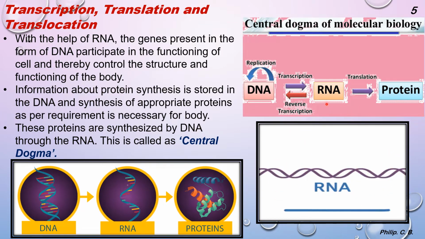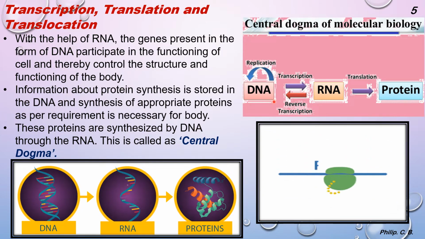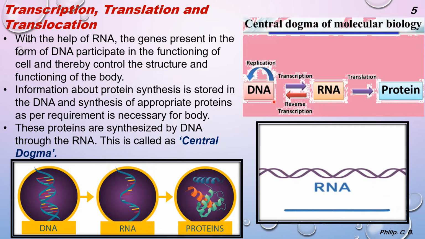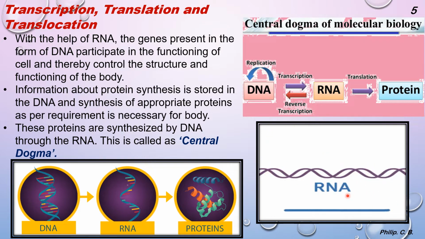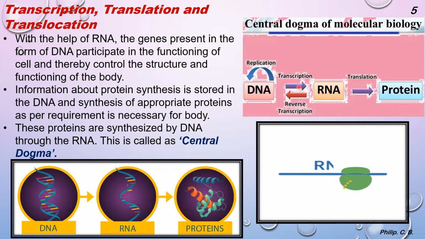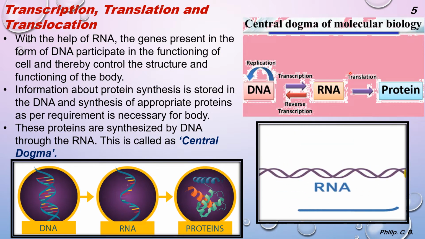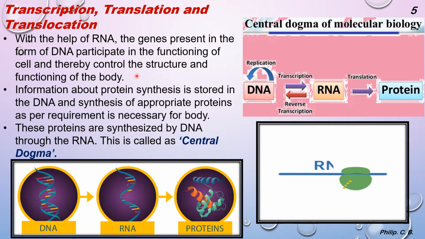Also you can see here reverse transcription, where RNA again forms DNA. Clear? And one simple animation showing DNA forming RNA, RNA forming the protein. One more thing, if you note, RNA is formed from DNA by transcription and protein from RNA by translation. Clear? Now coming to the points.